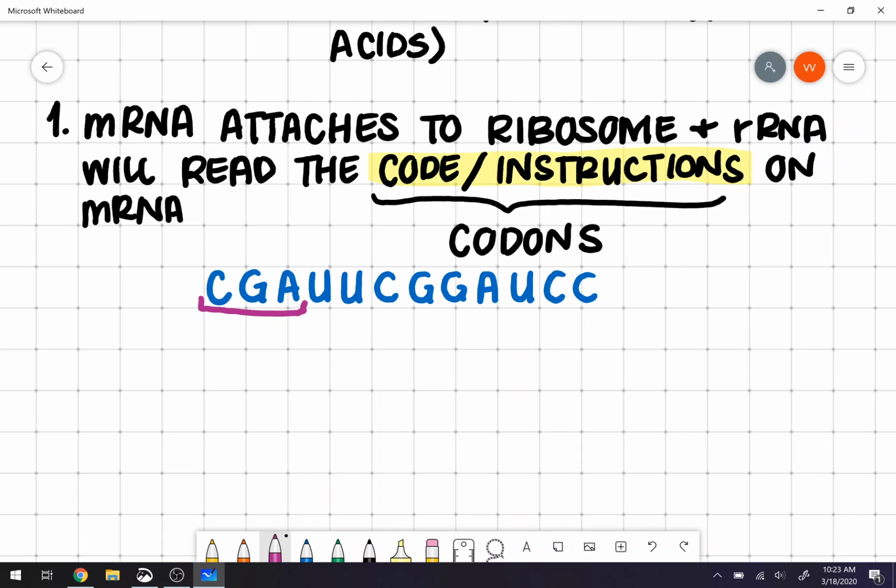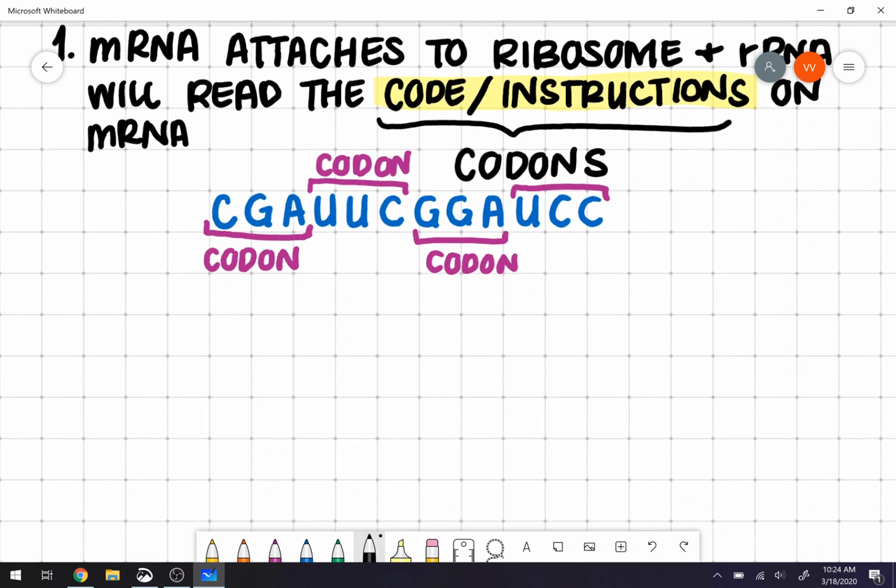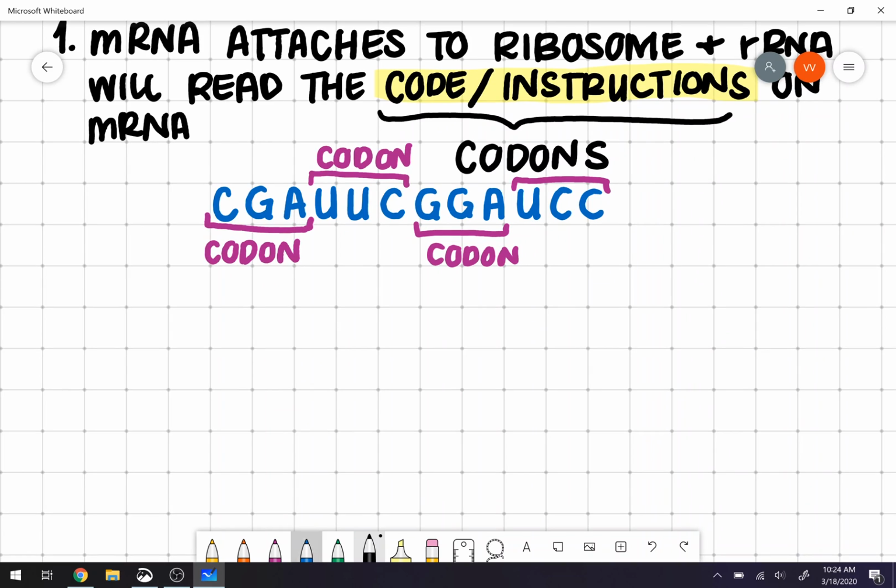That is one codon. That is your second codon. That is another codon. And this would be the last codon. Right? So every 3 letters is a codon. Codons, again, are found on your messenger RNA, your mRNA.